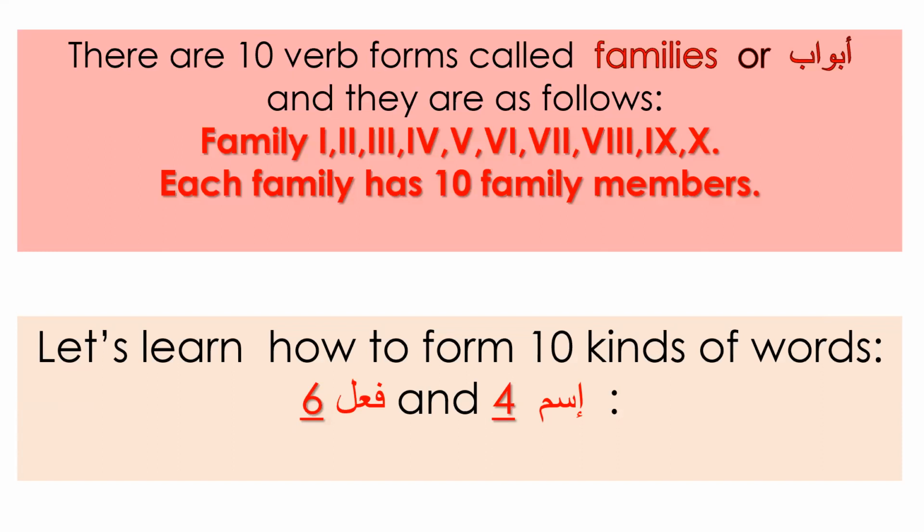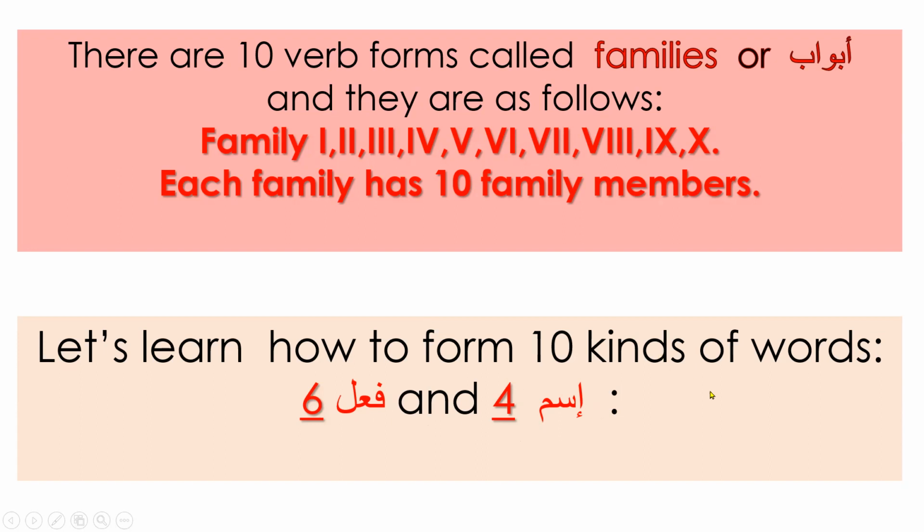So Alhamdulillah, as I mentioned, there are 10 families, and each family has 10 family members. And we are going to learn how these 10 family members are formed. As I mentioned, in these family members we have almost six that are verbs, af'al, and four are asma, nouns.